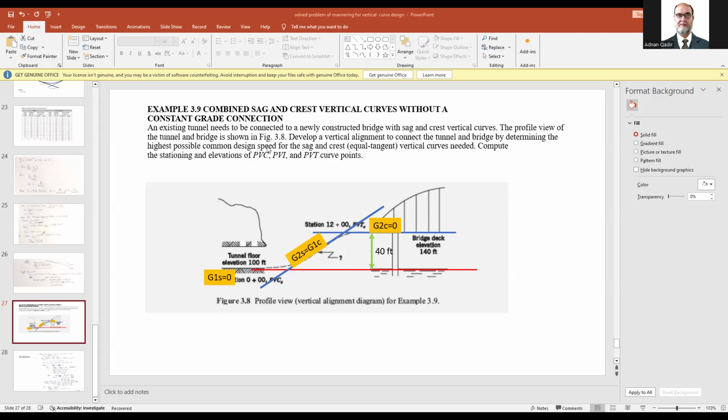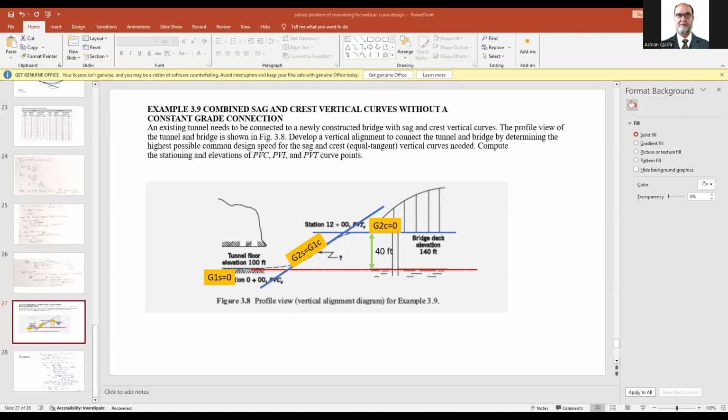We have to determine what speed should be posted or should be available for the safe stopping sight distance. And then we have to compute where the PVC, the PVI and the PVT of both the sag and crest vertical curves are.